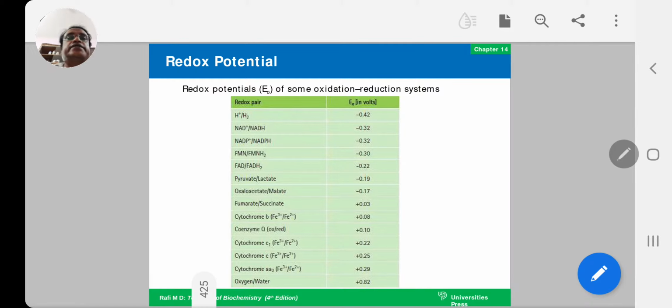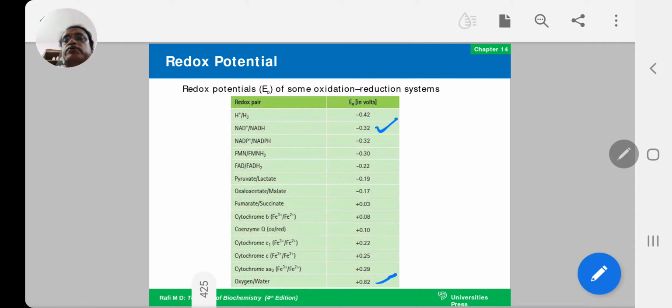Thus, NADH, which is a strong reducing molecule, has a negative redox potential of about minus 0.32, whereas oxygen, a potent oxidant, has a positive redox potential of about plus 0.82.